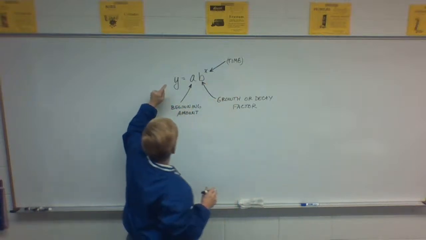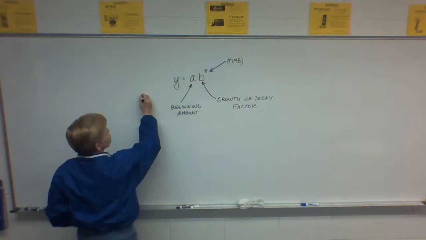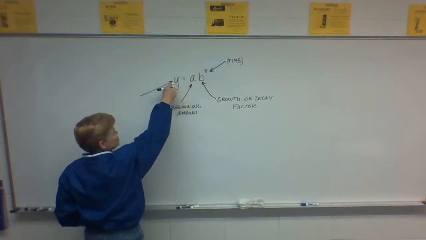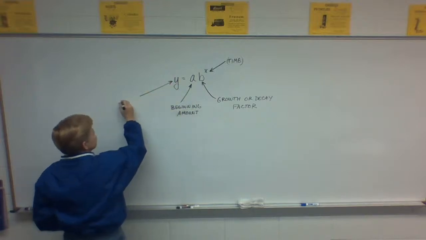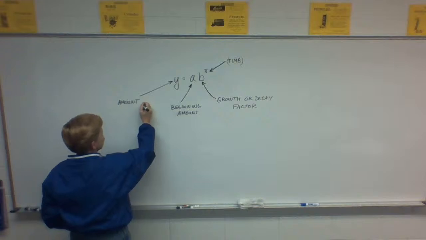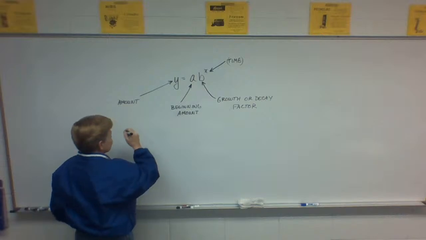Okay? And this right here, y, this is what we get. And it's constantly moving. As x goes up, this changes, or as x goes down. This value keeps changing. This is the amount of what? Whatever you're talking about. Money, people, all kinds of things it could be.